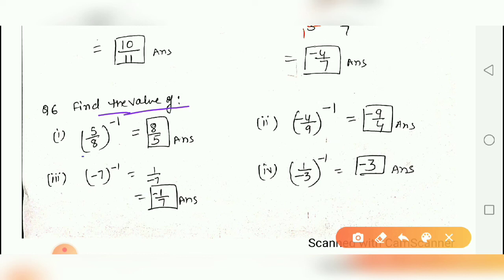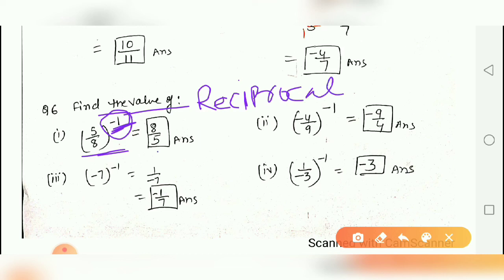Here it is 5 upon 8 raised to the power negative 1. Negative 1 means we have to write its reciprocal. So 8 upon 5 is the reciprocal of 5 upon 8. Similarly, in second part, negative 4 upon 9, we have to write the reciprocal.